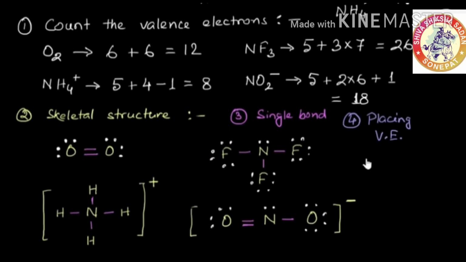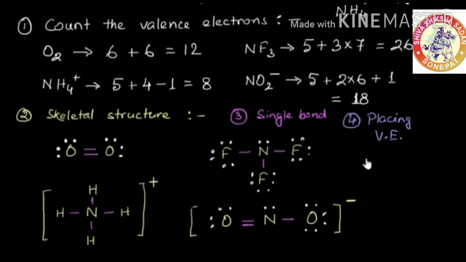These are 4 simple rules to draw the Lewis dot structure of any molecule. The first rule is to count the valence electrons in a molecule.